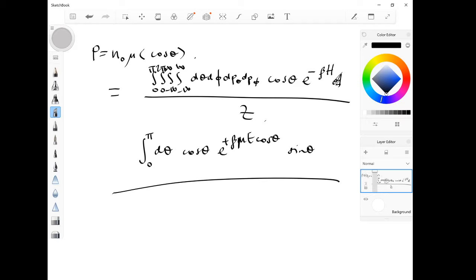Which was that. And I just got us straight to that point instead of having to go through that integral again. Does that make sense?